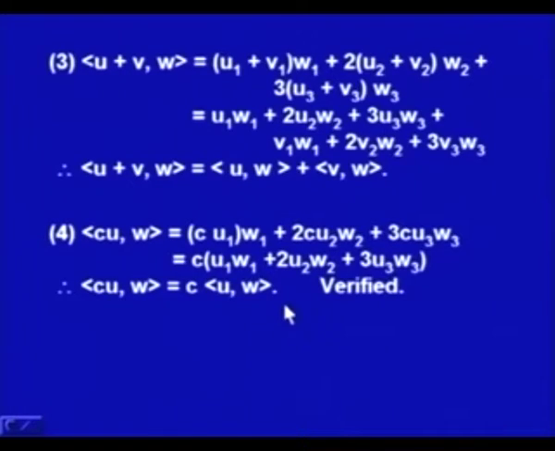So, for R3 we can have two types of inner product defined. One is the standard inner product, which we defined in an earlier example with n equal to 3, and this is another definition for inner product.